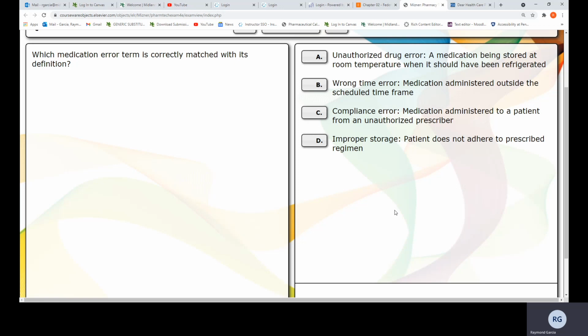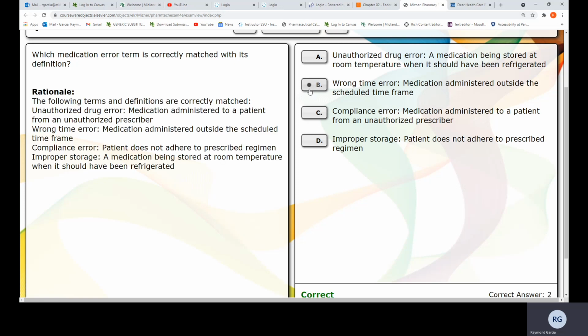Compliance error, medication administered to a patient from an unauthorized prescriber. Improper storage, patient does not adhere to prescribed regimen. Let's say that too. Most logical to me, that seems to relate to each other.